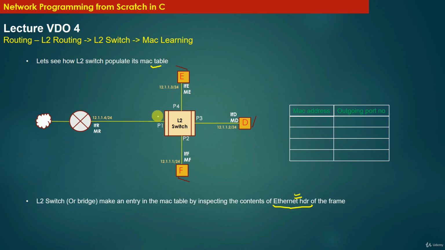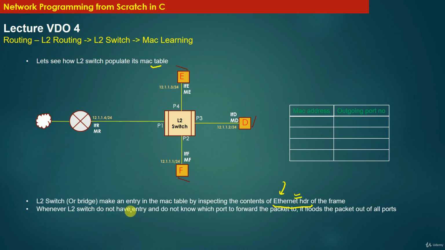Any frame which has an Ethernet header, when received by the L2 switch from any port, is inspected, and based on the information in the Ethernet header, the L2 switch takes an action. That is, it either populates an entry in its MAC address table or it decides to forward the frame on an outgoing port number.